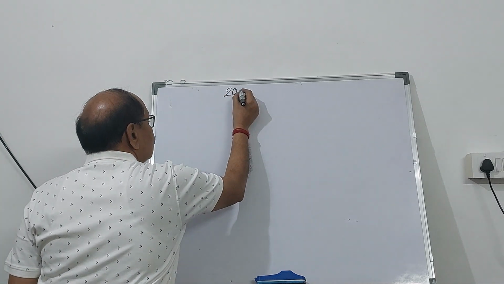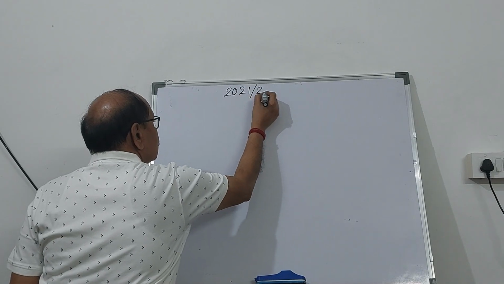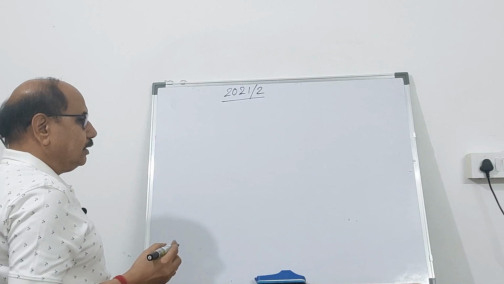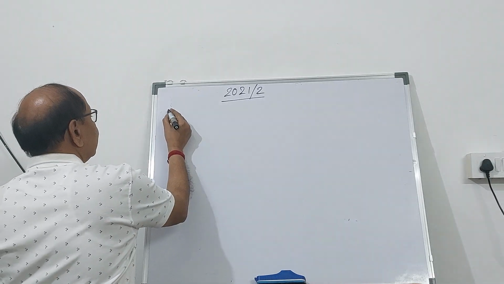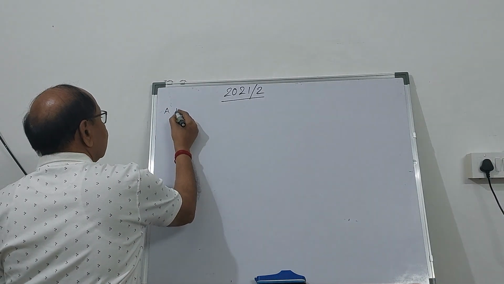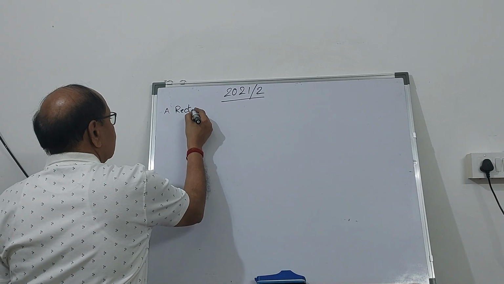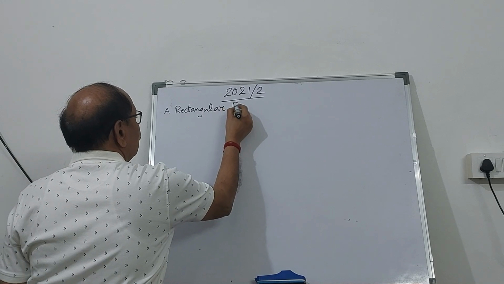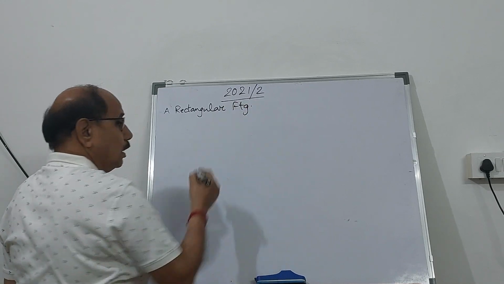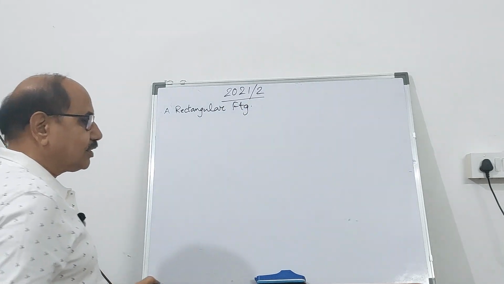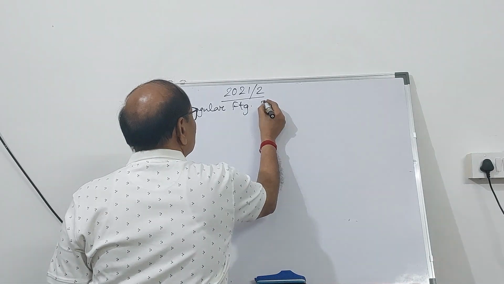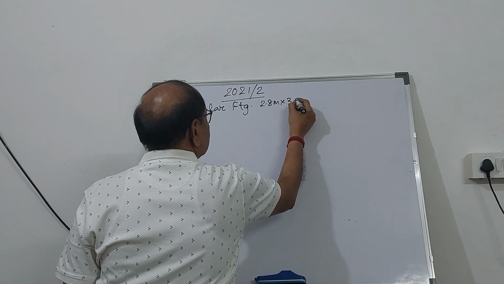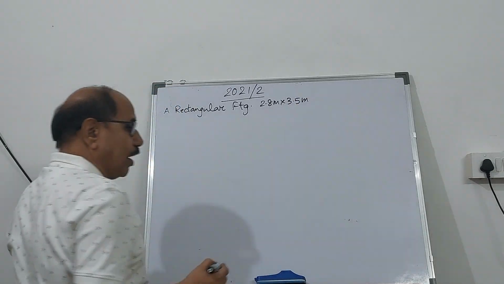This is GATE 2021 set 2, and it's on a rectangular footing of size 2.8 meter by 3.5 meter.